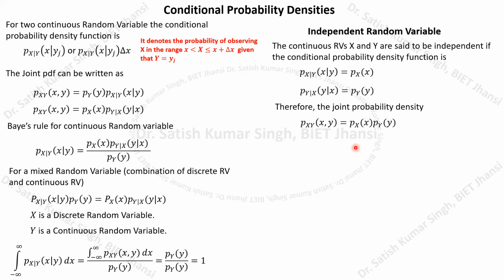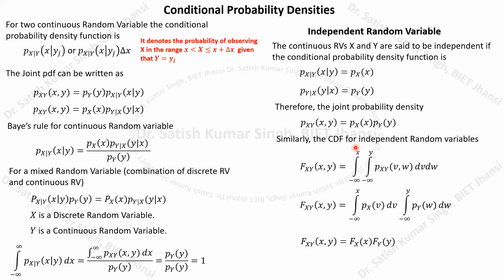Here you can see that in a similar way we can also write the CDF, the cumulative distribution function, for independent random variables. So how do we get this CDF? Let us say this is our F_XY(x, y). This denotes the probability that X will be less than or equal to x, and that can be calculated by writing this integration, since we have the joint probability density.